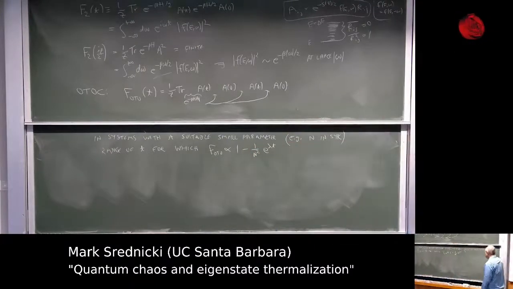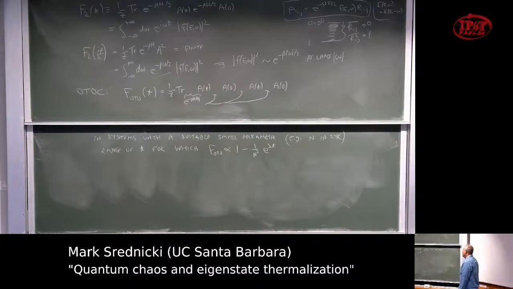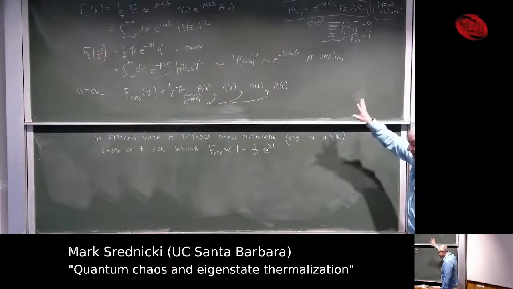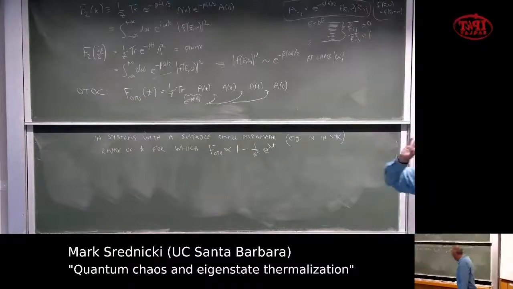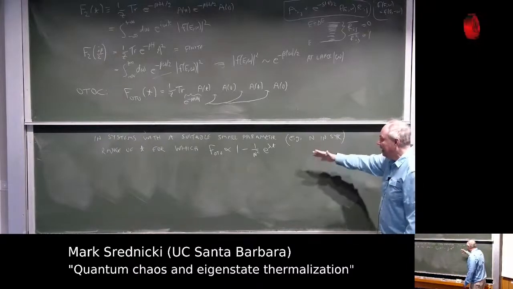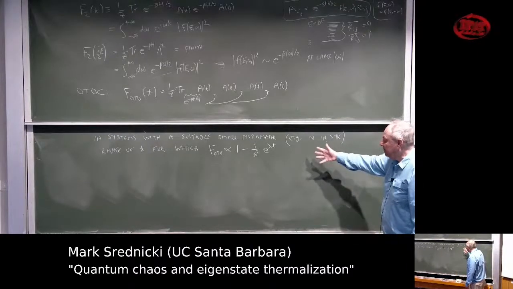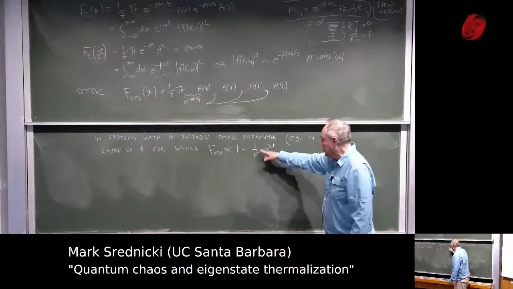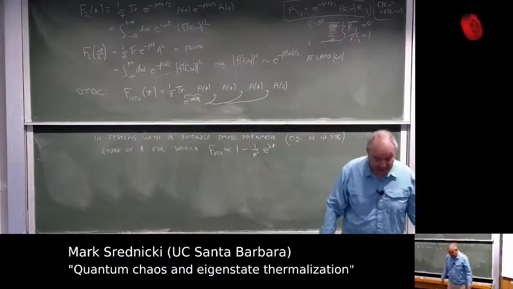So there's a small parameter. Other models have other small parameters. This n is not the n of large n in my general ETH presentation. This is some parameter of the model. People have discussed models that have semi-classical limits where this small parameter is an effective h-bar.